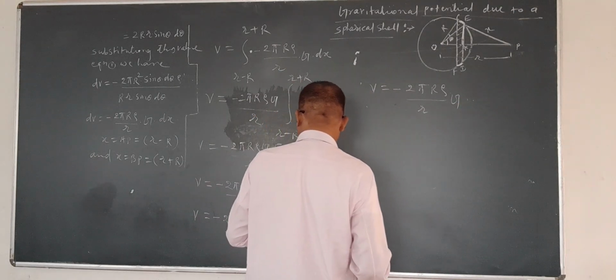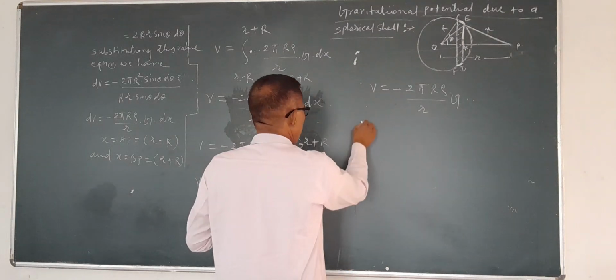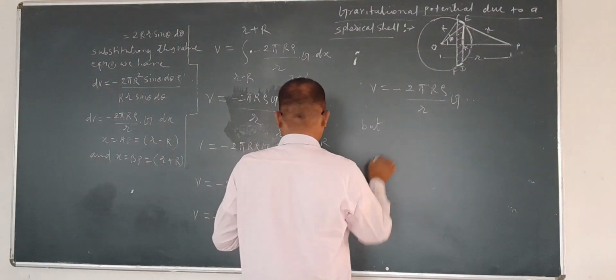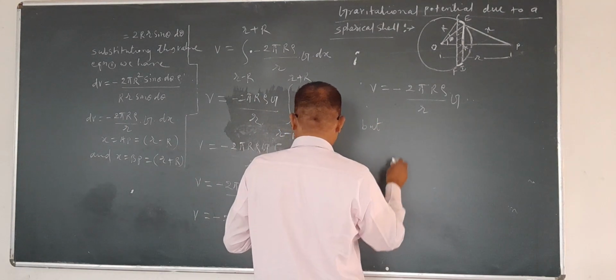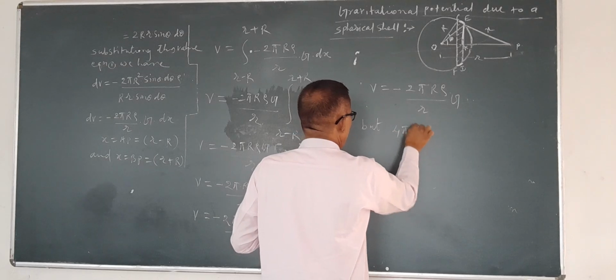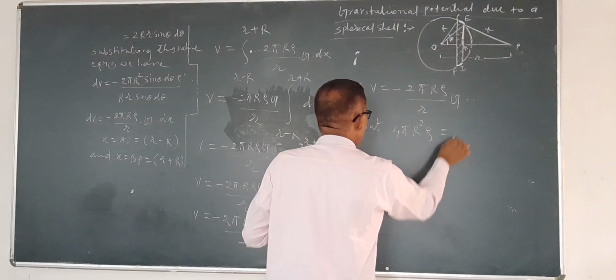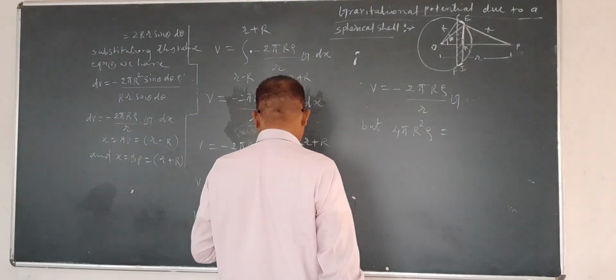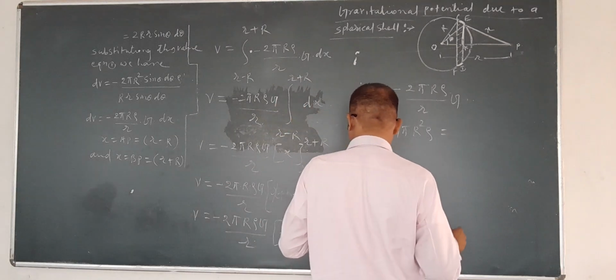But 4π R² ρ equals the mass of the shell.